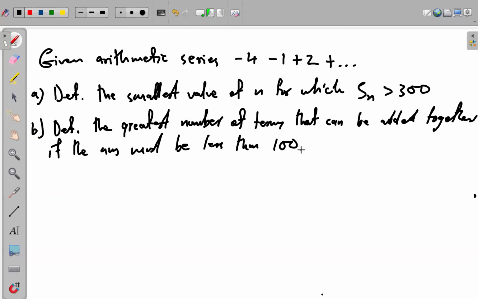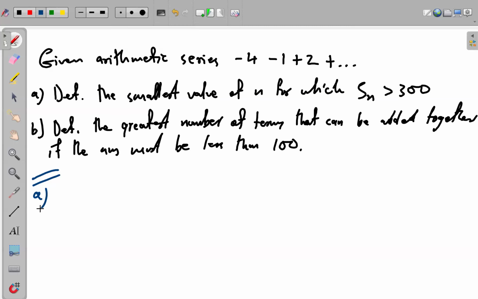So what we're going to do to solve this, and what students often do, is take the formula for Sn and say greater than 100. Look, the easiest way to go about this, no overthinking, just keep calm.